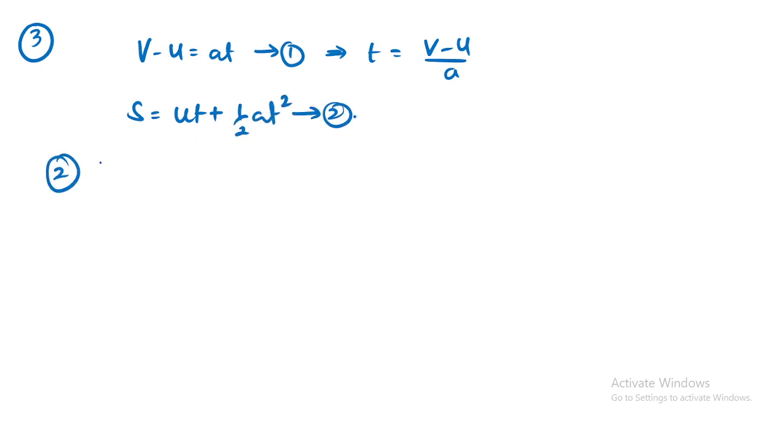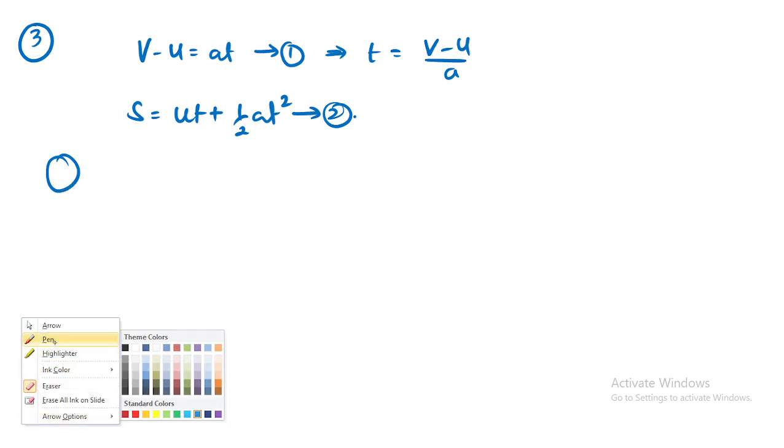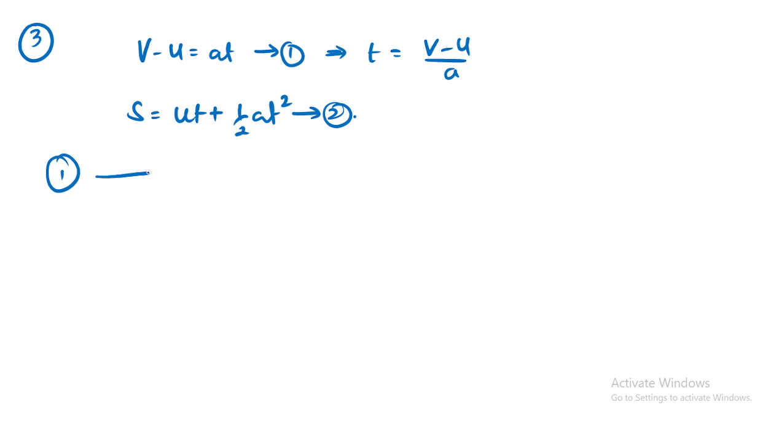Next situation, first is substituted in second equation. So s is equal to u into t, which is v minus u divided by a. Write along with me.